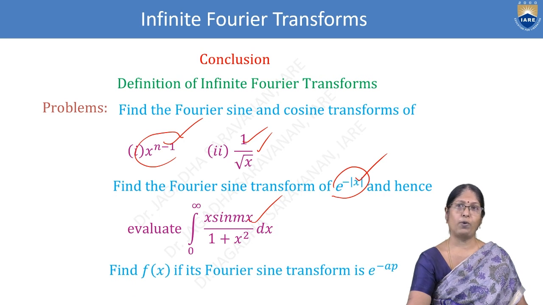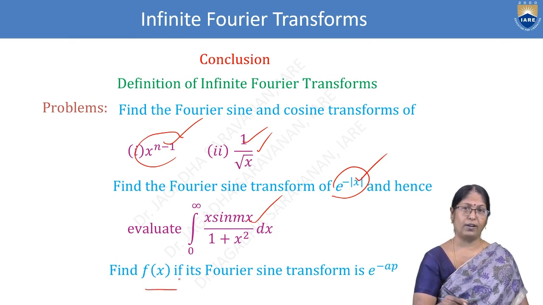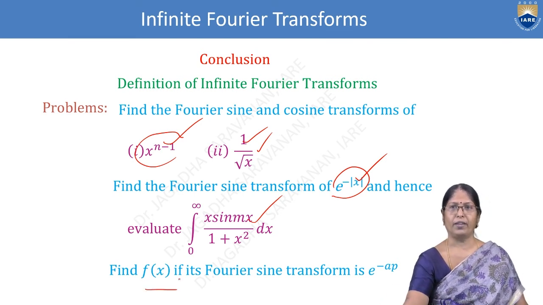The last problem we discussed was given indirectly. There is no word about applying the inverse, but it is written find f of x. It gives an indication that we have to take the inverse formula. So we discussed in detail about infinite Fourier transforms.